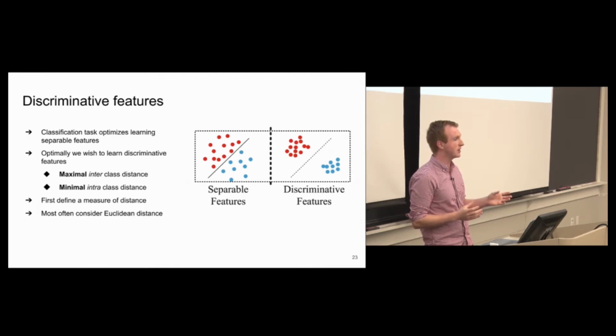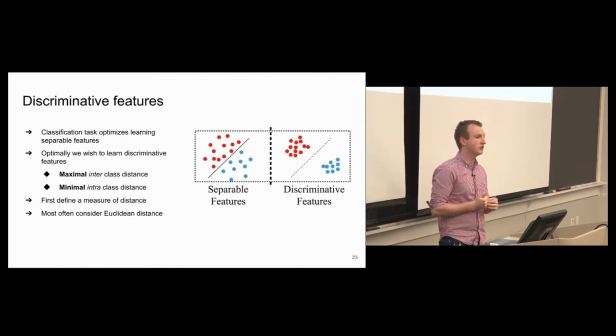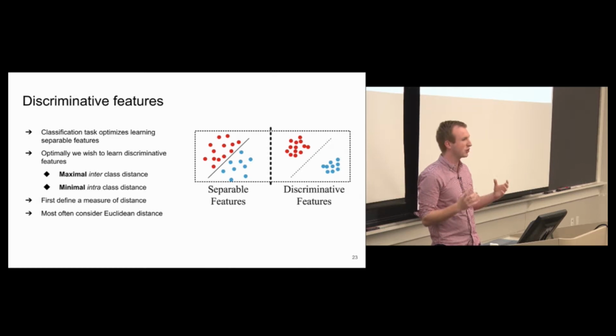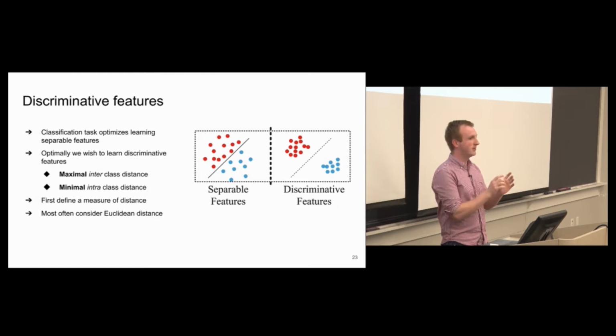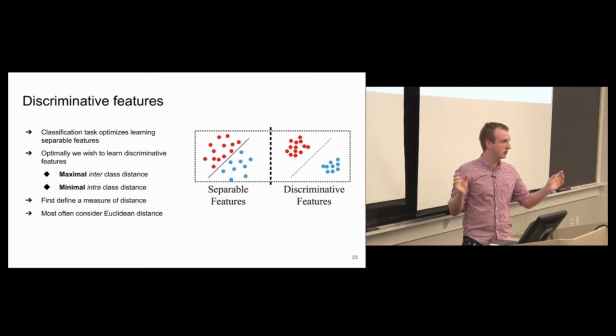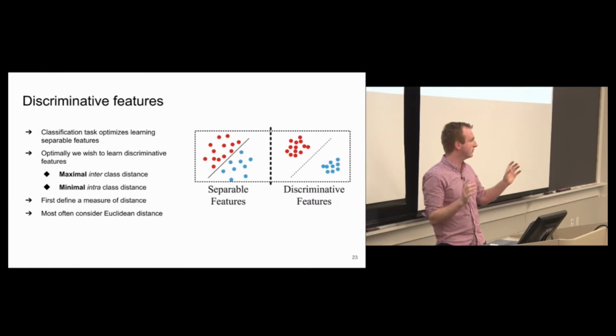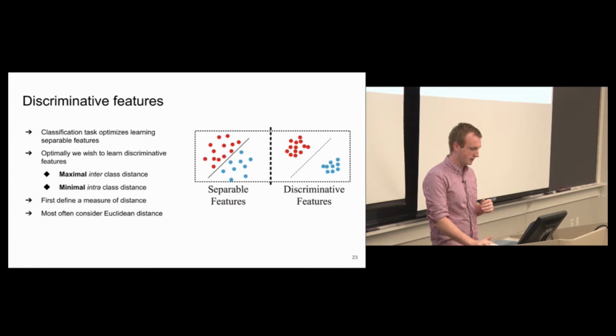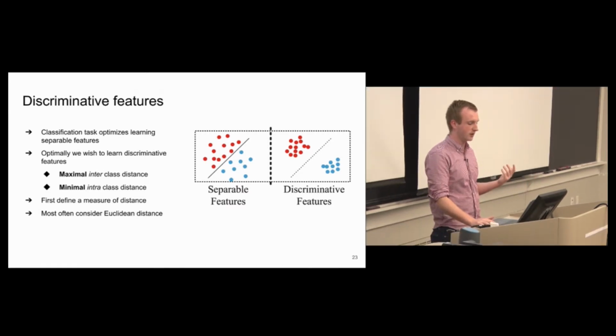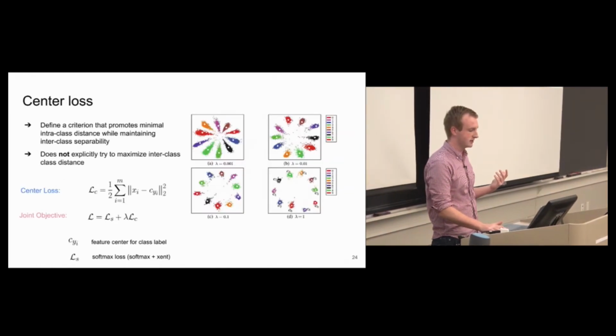And when it comes to verification, the goal is not just to separate, but we really want to have discriminative features. These are features where you make distance useful for telling multiple classes apart. So we need to define a measure of distance. Most often we're going to consider Euclidean distance.